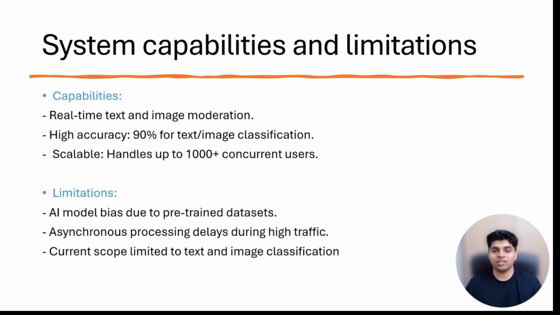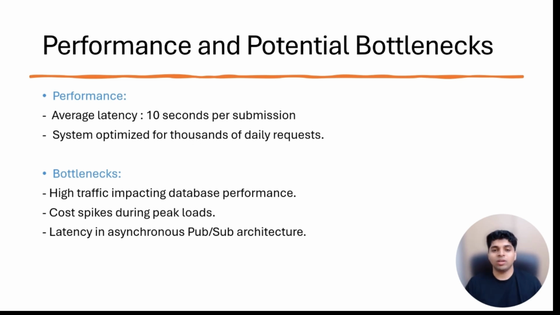However, there are some limitations: AI model bias can occur due to pre-trained datasets, asynchronous processing may lead to delays under heavy traffic, and our system is limited to handling only text and image content.